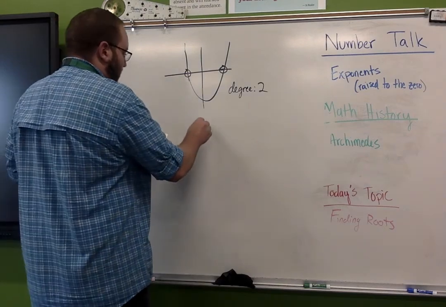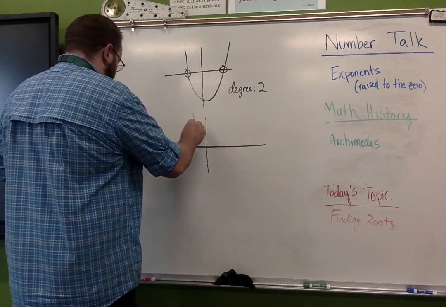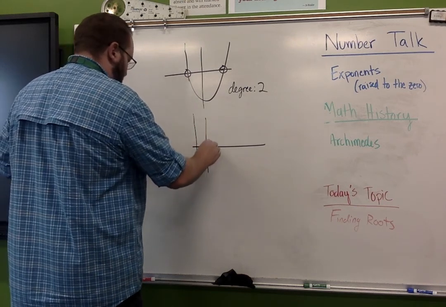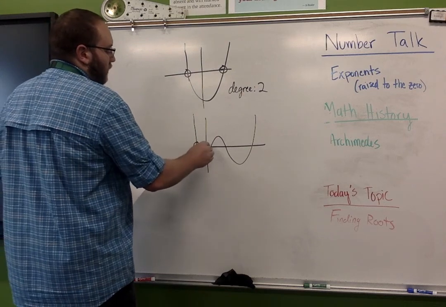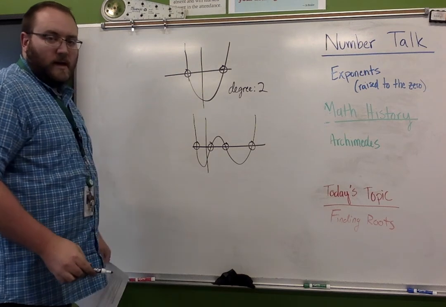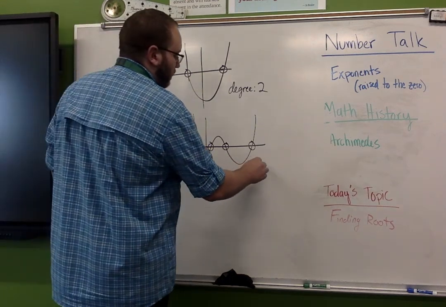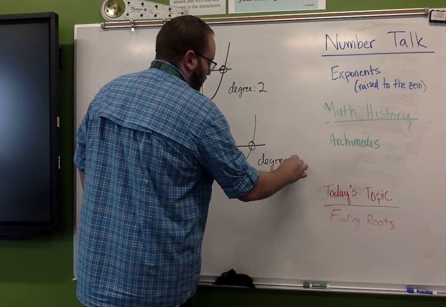So here, we have this one, and it's a little bit longer. It kind of comes down like this. Okay, this one has 1, 2, 3, 4 x-intercepts. So degree 4.